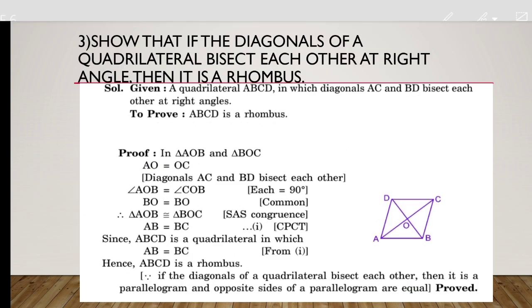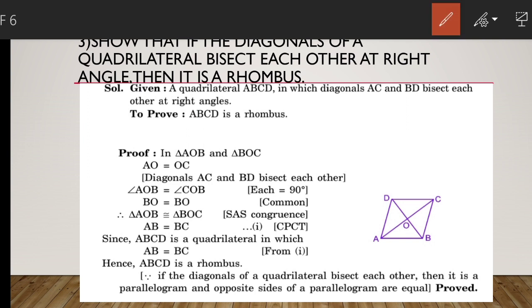Now let us see sum number 3. Sum number 3 says: show that if the diagonals of a quadrilateral bisect each other at right angles, then it is a rhombus. So we have a quadrilateral ABCD.